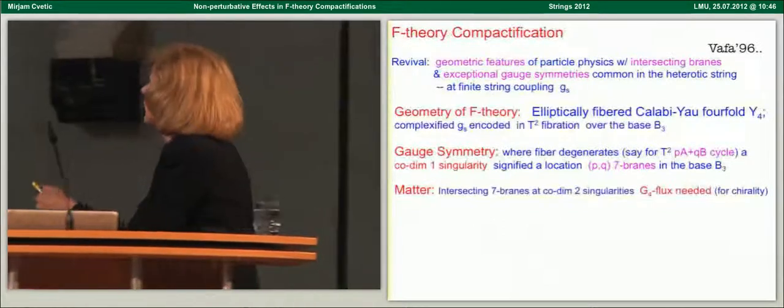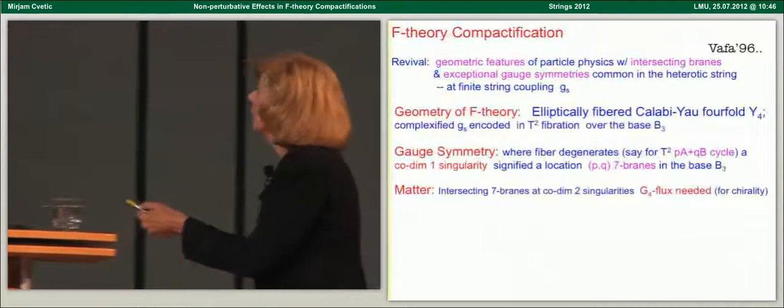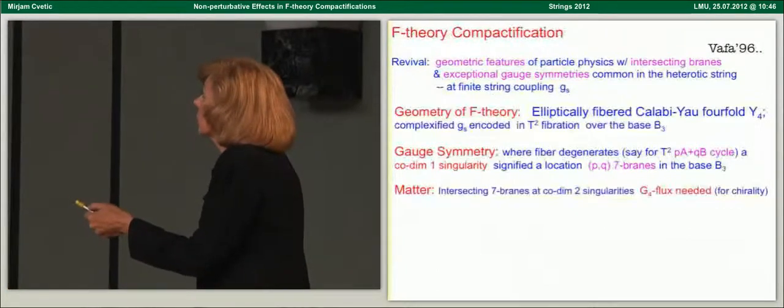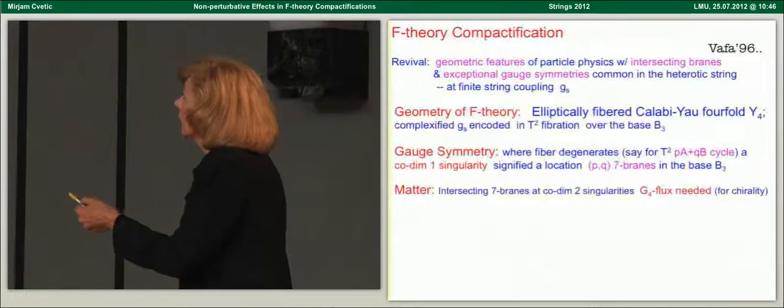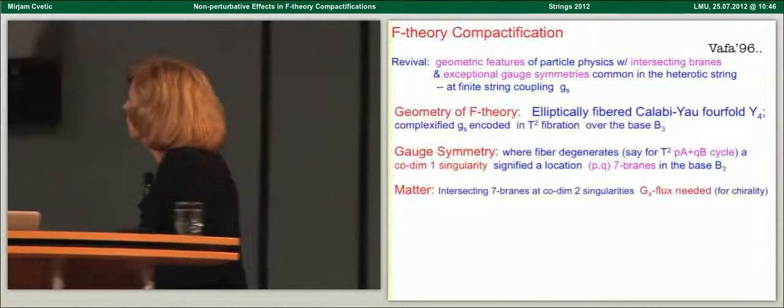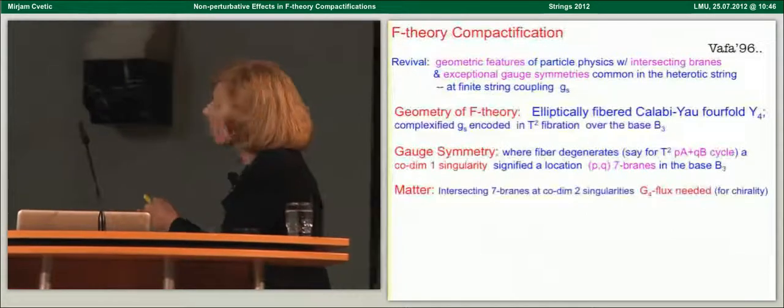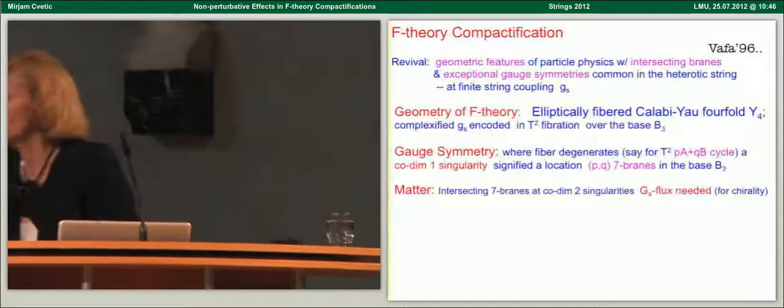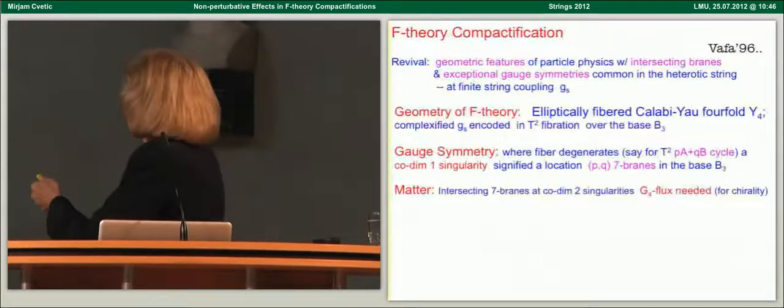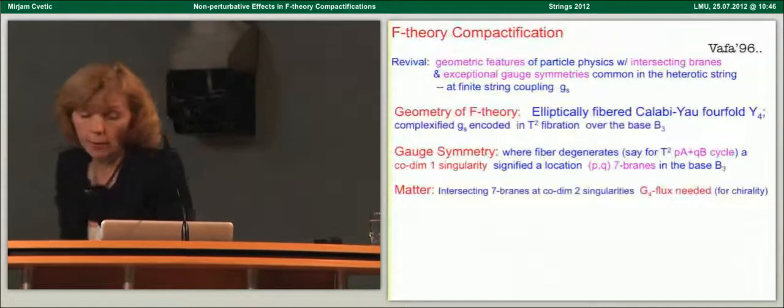The matter appears geometrically at the intersection of such 7-branes, and so corresponds to codimension 2 singularities. But for chirality, we also now have to introduce fluxes to get actually chiral matter.